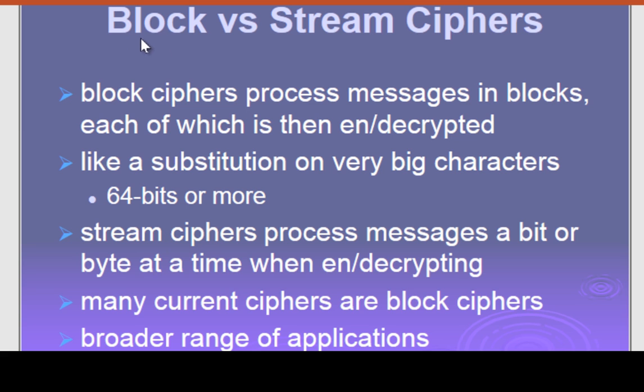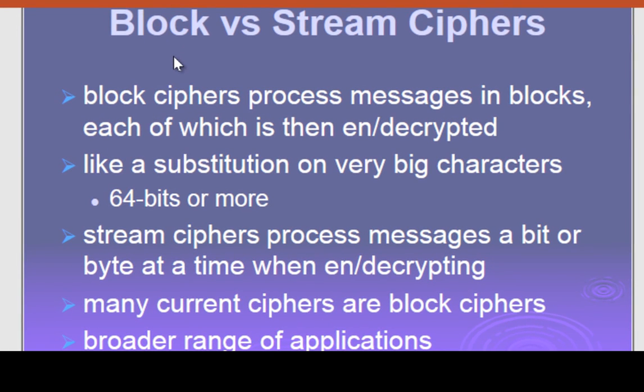In the block cipher, we divide the plain text into fixed size blocks so that it becomes easier for us to encrypt those blocks. Instead of encrypting the whole plain text at one time, if you divide it into fixed size blocks, you can encrypt those blocks separately and decrypt them separately.